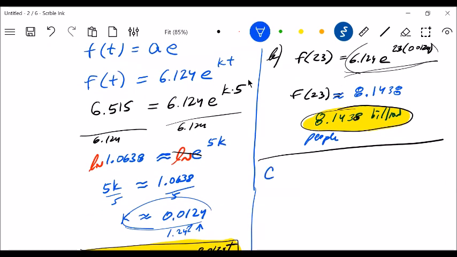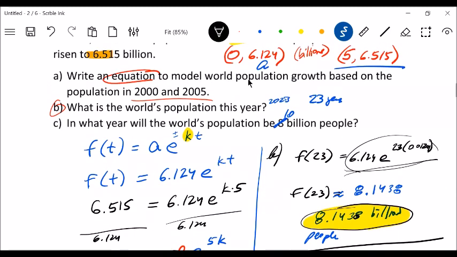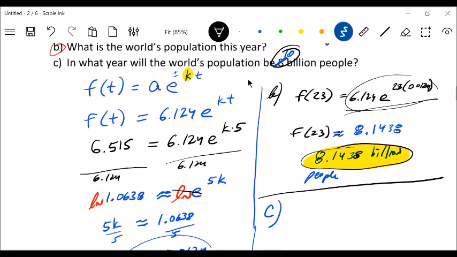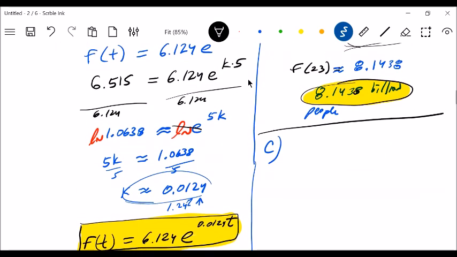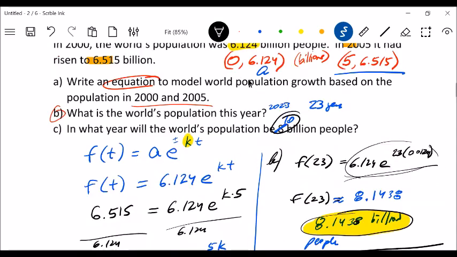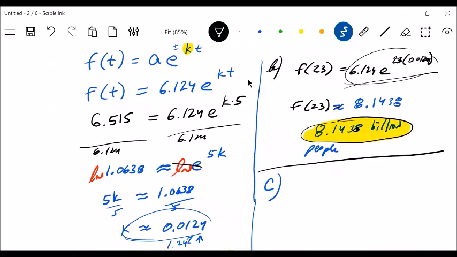Now, let's take a look at C. So for C, determining for 10 billion people, in what year will it reach 10 billion? Okay. So 10 is an amount. Okay. So we would say that 10 is the amount that we're reaching.